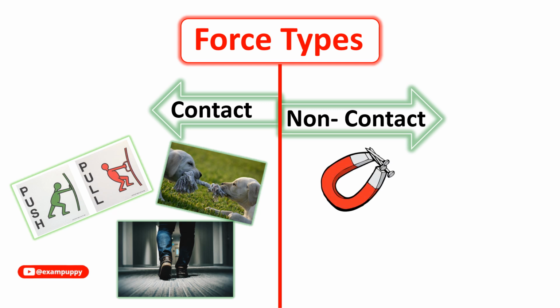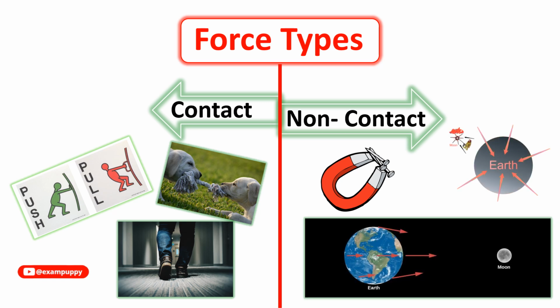Whereas in non-contact forces, like the magnetic force, we experience that when we bring a magnet close to paper clips or nails, they start moving without the magnet touching them. Just by bringing the magnet close to them, we can see the effect. In that case, physical contact is not required. That means it is a non-contact force.